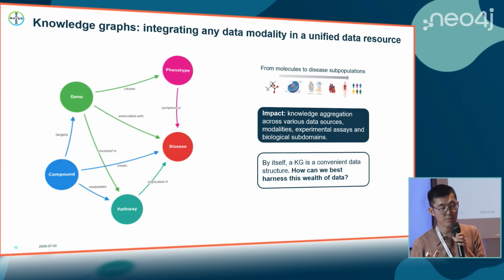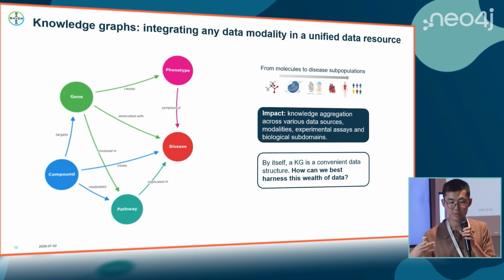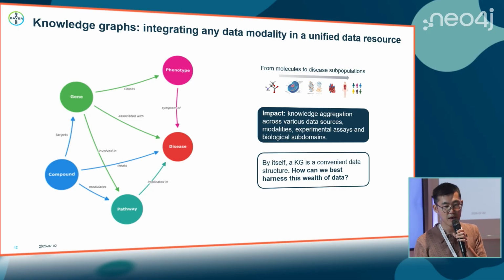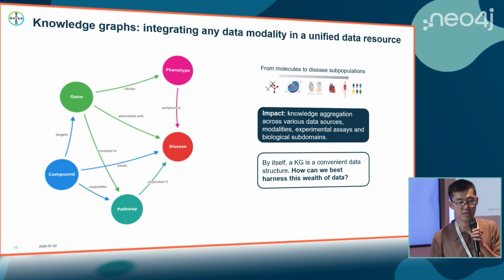And maybe the highest impact of this is that we aggregate knowledge across various data sources, modalities, experimental assays, and really biological subdomains. Something that may be obvious when you just work with this, but it's also not trivial that you can achieve this.